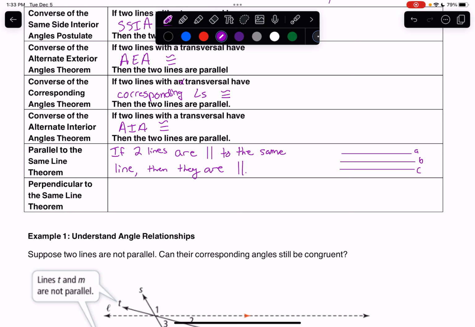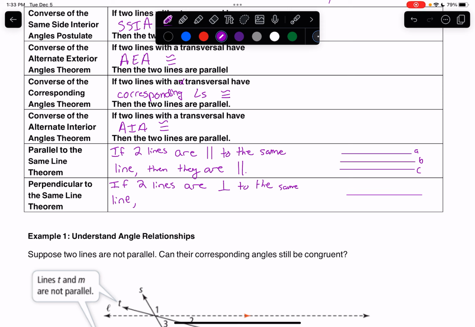And then the perpendicular to the same line theorem starts out similarly: if two lines are perpendicular, that upside down T, to the same line, then what? Well, let's see. Here's a line.